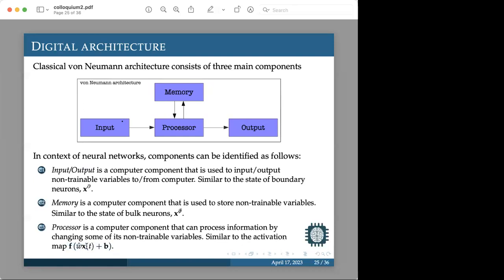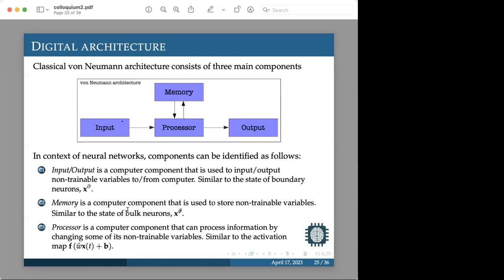You give it some initial state, you go through one CPU clock cycle, and then it will produce a new state. Okay, so it doesn't have learning. So W and B are actually fixed. And so this is a good digital computer. It's good in performing arithmetic calculations like addition, subtraction, division, multiplication, all this, but it's not good in learning.